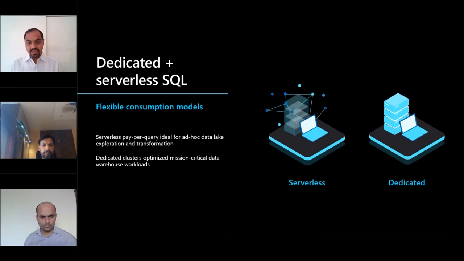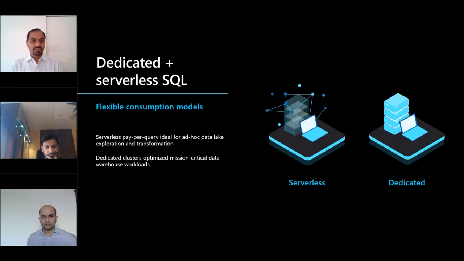The key element that we have in Synapse is we understand the business requires various scenarios. For example, there are times when you want to do some ad hoc queries and you do not have time to go through the entire life cycle of data movement. The data is available in your data lake, but you want to make it available quickly for any quick analytics that you want to do. So we have various engines available in Synapse.